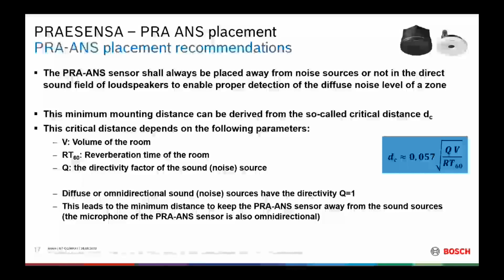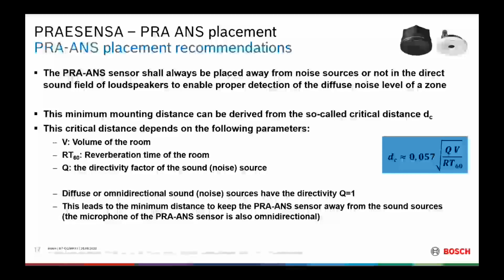The critical distance now depends on a few parameters, which is first of all the volume of the room. How big is my room? If it is maybe an airport terminal, to stay with this example, you should consider only the relevant volume, maybe of the gate area, which is your acoustic zone which you want to control, and not the complete building.